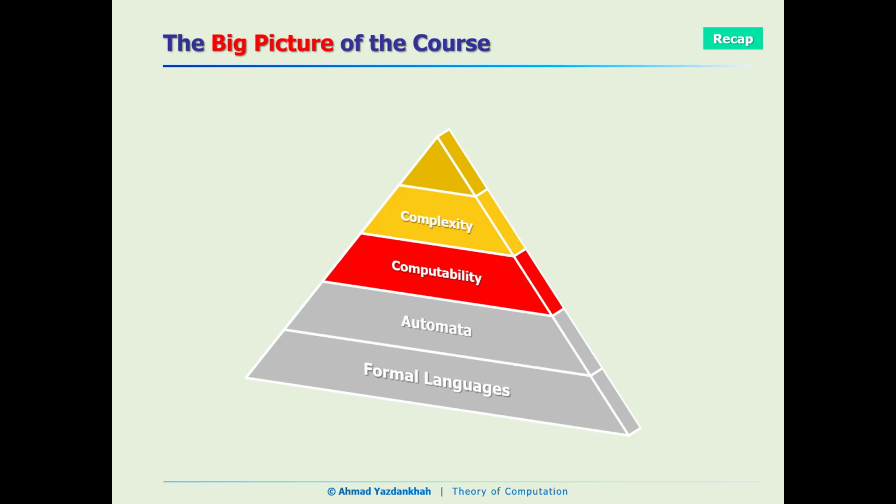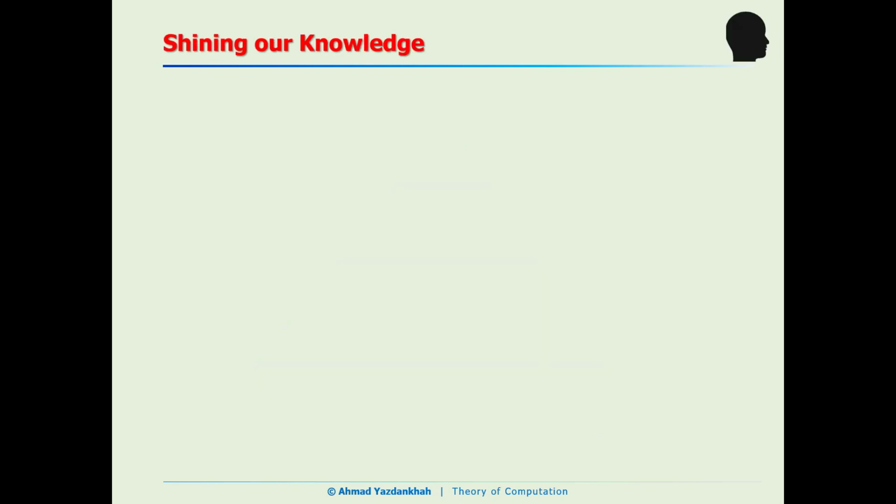Let's get started. Let me review quickly a couple of things to refresh our knowledge and make sure that we are on the same page and we are clear about what we need here. The first thing is Turing machines are more powerful than other machines.